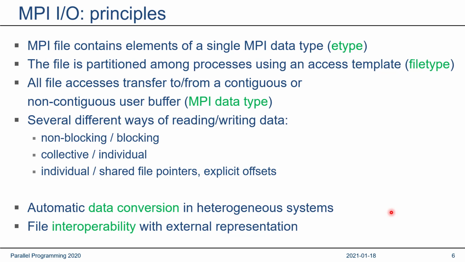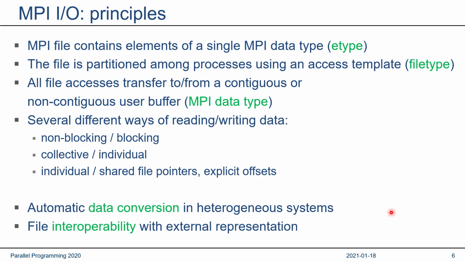All file access transfers from or to a contiguous or non-contiguous user buffer. So the MPI data type is used to describe the access to the file, and all the buffering that needs to take place is taken care of by the MPI library. The data type actually defines which part of the file a process is going to see, and what the buffer looks like that the local data from a local rank is going to be stored at.